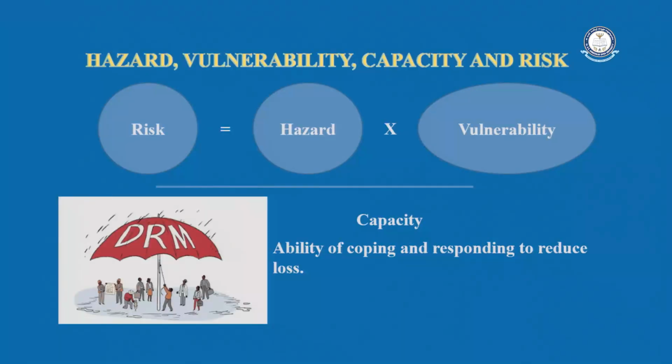That is your capacity or ability of coping and responding to reduce the loss, isn't it? So that is known as capacity. These are the basic terminologies to understand what is hazard, disaster and the difference between them. Okay, so let us go ahead.